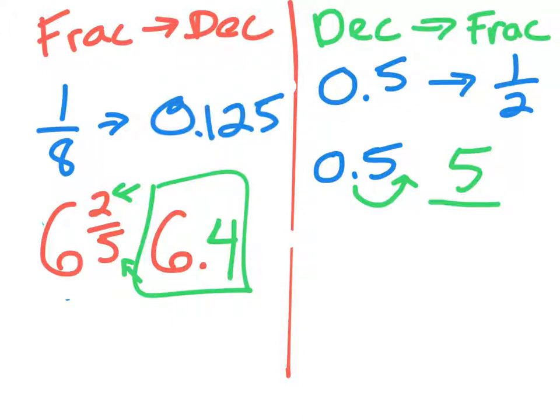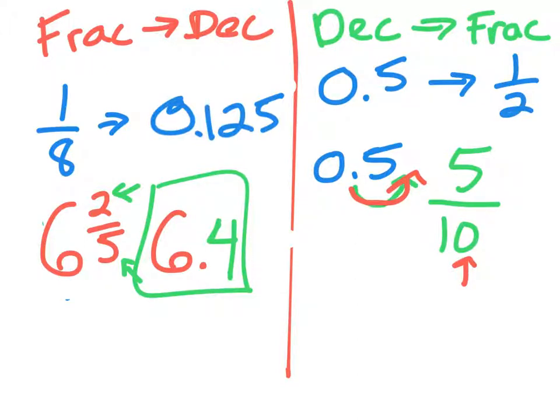So when you move an entire decimal place, you actually move by 10. So one decimal movement would be 10, whereas 2 decimal movements would be 100. 3 decimal movements would be 1,000, 4 would be 10,000, and so on. So another way to think about it is, the number of times you move your decimal is going to be the number of zeros you have in your denominator.